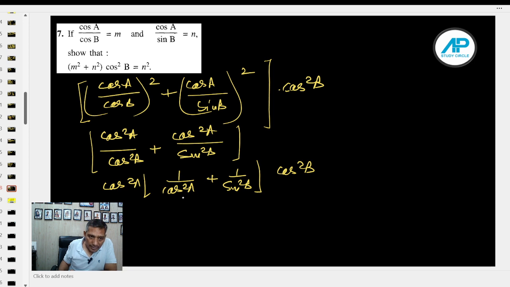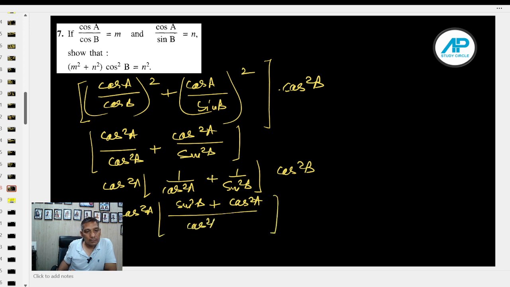And take LCM here in the bracket. I can see I have sine square B plus cos square A. It is being cancelled out, but I'm not yet finding my desired terms.